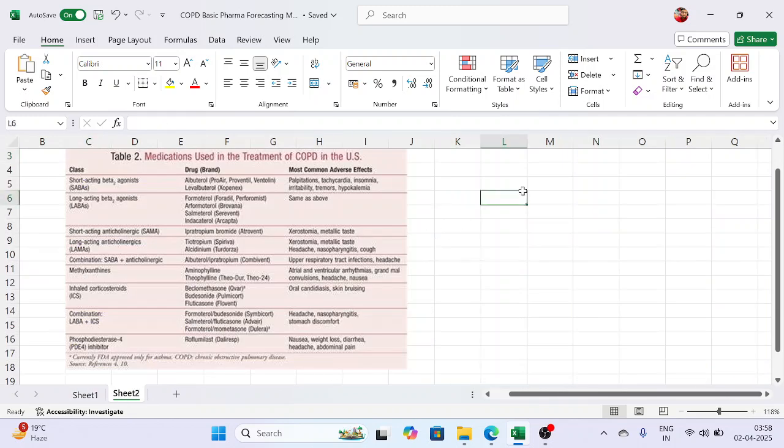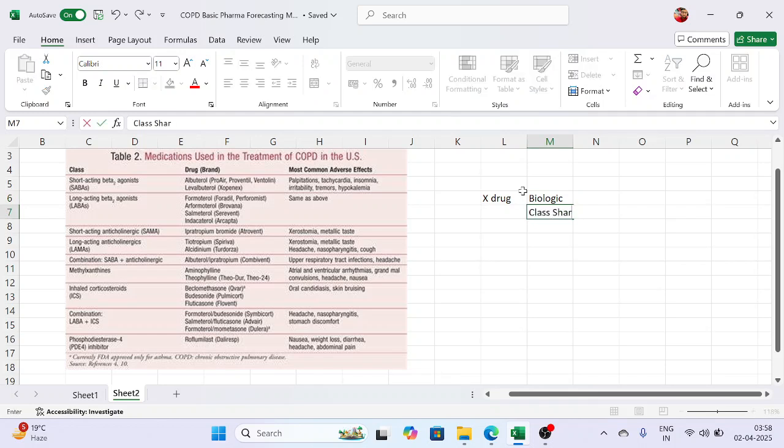Firstly, let's assume this is a biologic, just to take an example. Under biologics there will be different classes, and then under them different drugs, right?